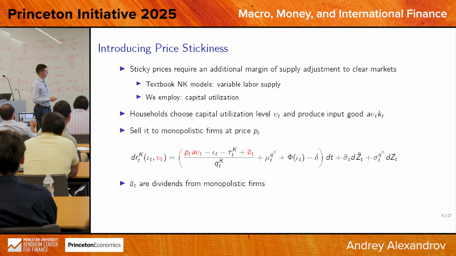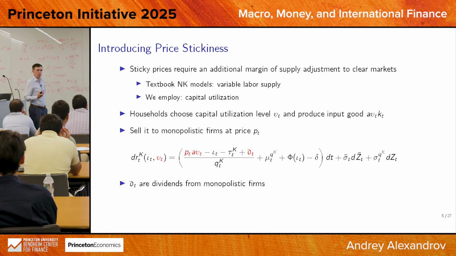because remember, before you were just producing one consumption good. Now what you're doing is you're still using capital, but now you're producing a upsilon of the input goods per unit of capital, and then you're selling it to the monopolistic producers with sticky prices at an endogenous price p_t. So that's going to be what a household gets out of their production.